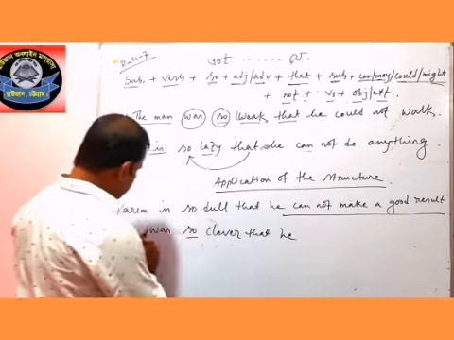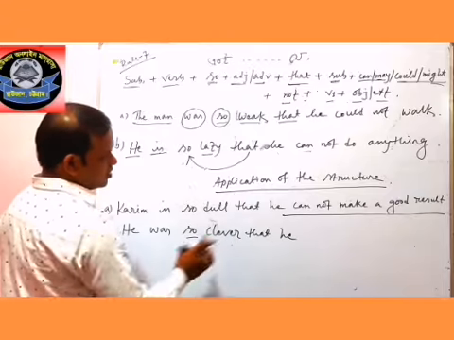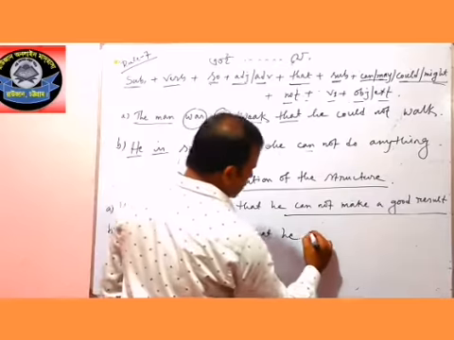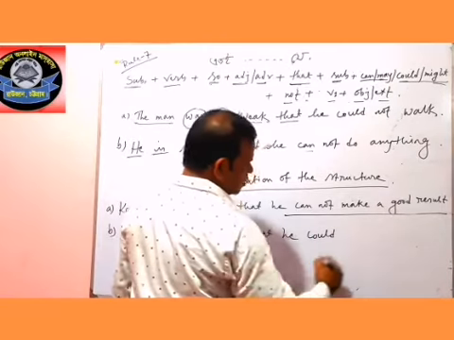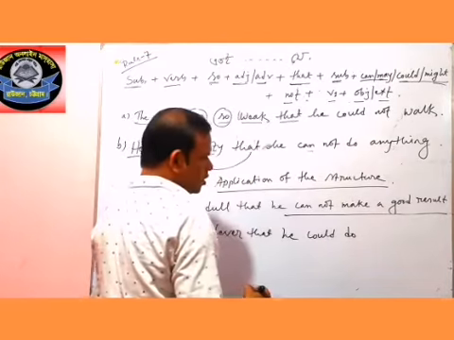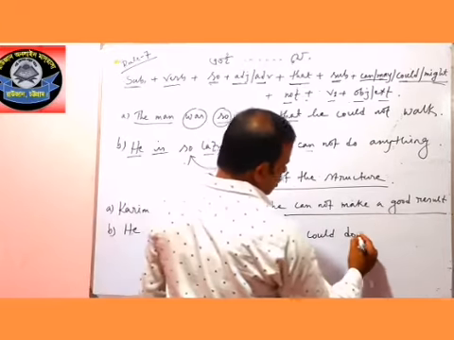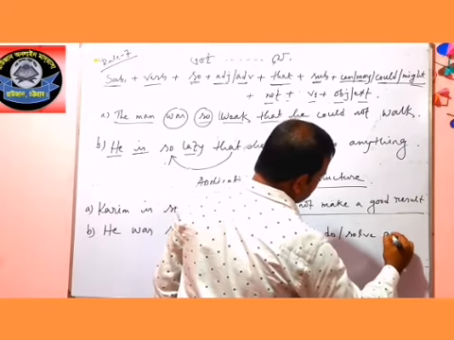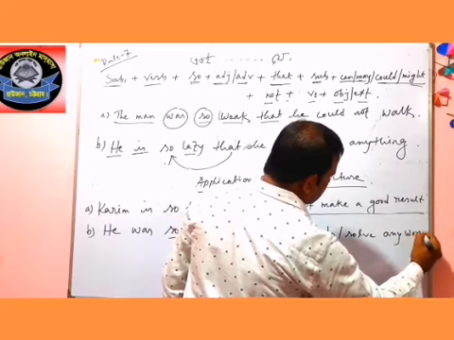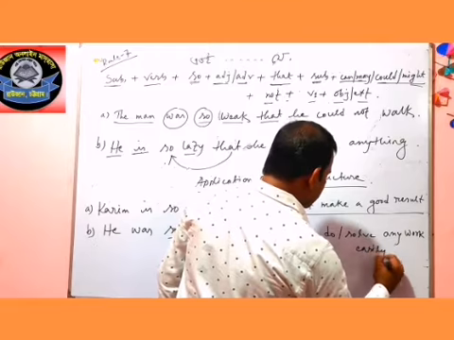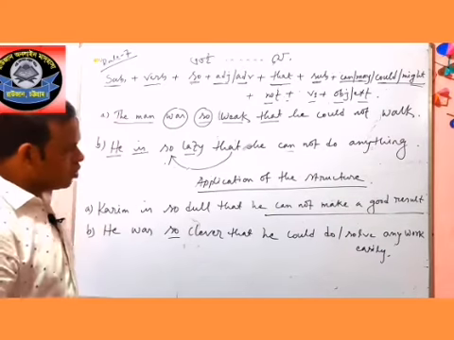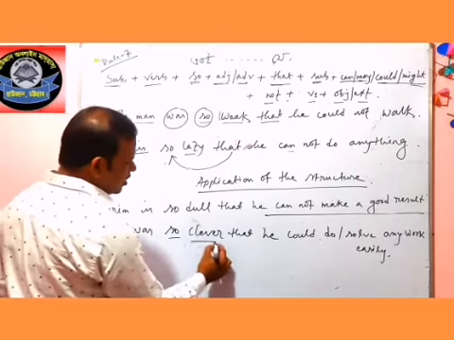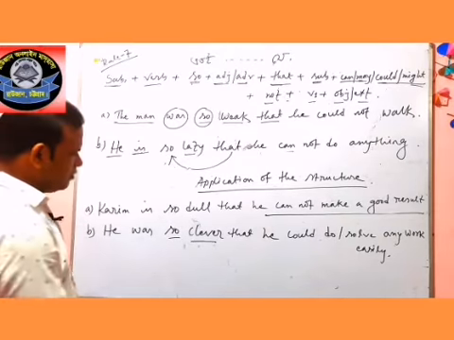He was so clever that he could do or solve any work easily. Here I cannot use a negative marker because clever is a positive word.